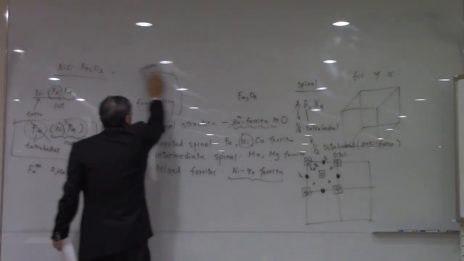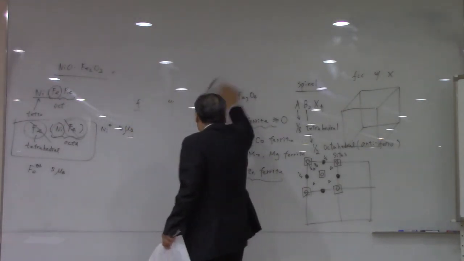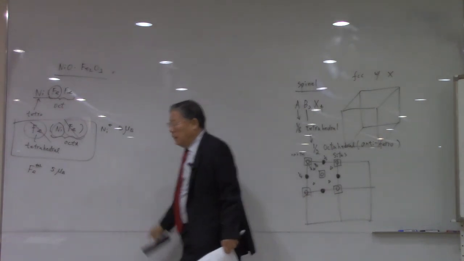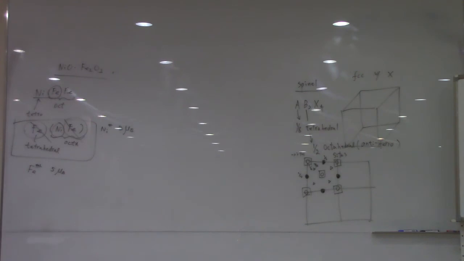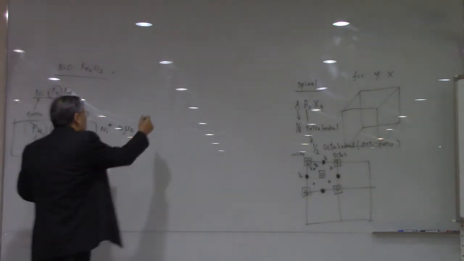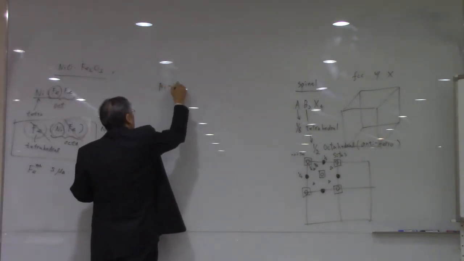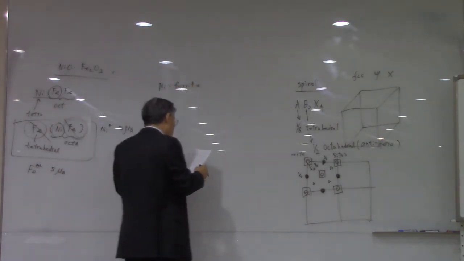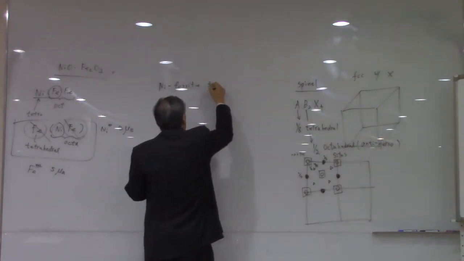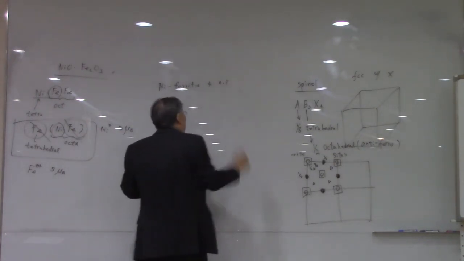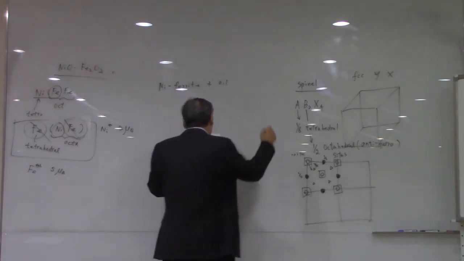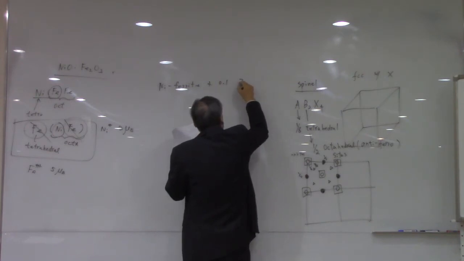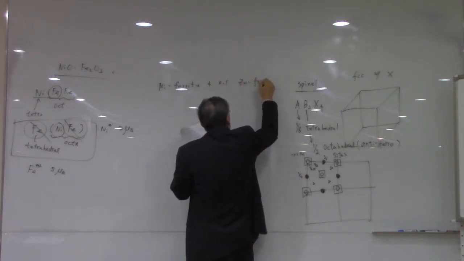Now, let's see what happens if we mix that nickel ferrite plus 0.1, 10% atomic percent of zinc ferrite.